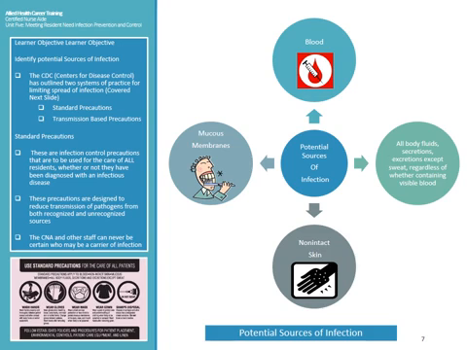Potential sources of infection: again, all body fluid secretions except for sweat, regardless of whether it contains visible blood or not; blood, mucous membranes, and non-intact skin. These are potential sources of infection.